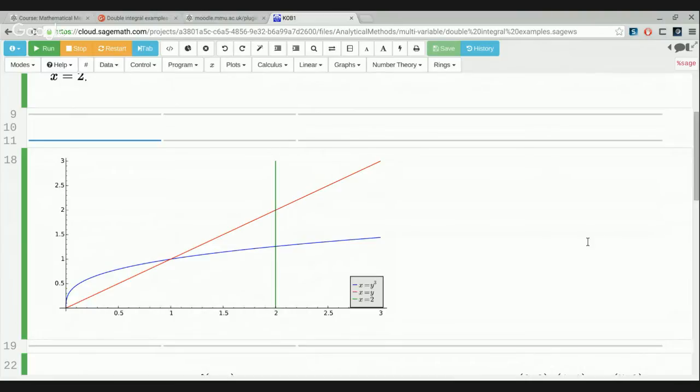Surely you have to flip the order you do it. Yes, if I flip the order, then the description of the region will be simpler. However, actually doing the integration will be a little bit harder, because I'll have to integrate e to the x over y first with respect to y, and it's not so easy to see how to do it.